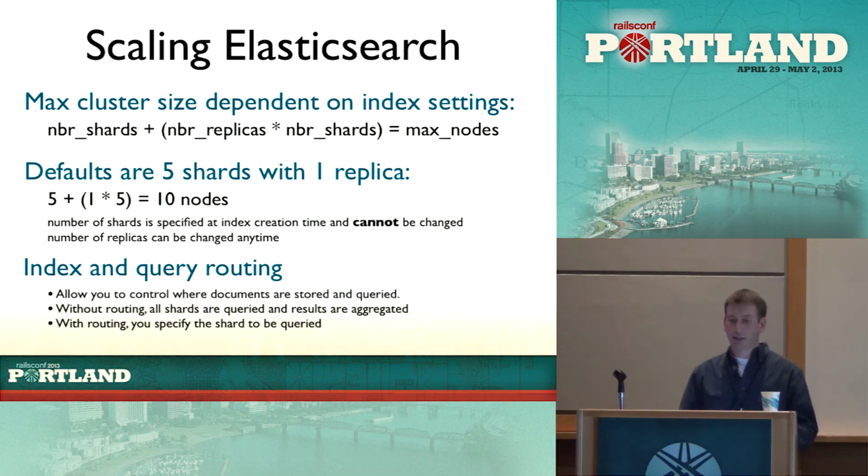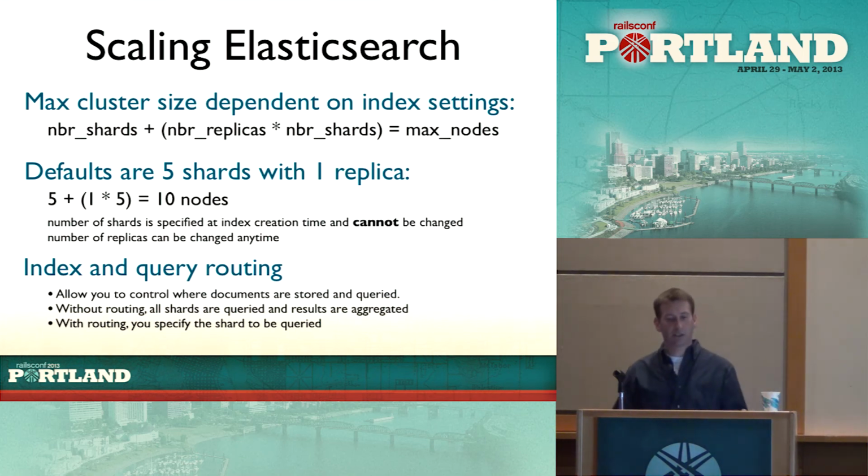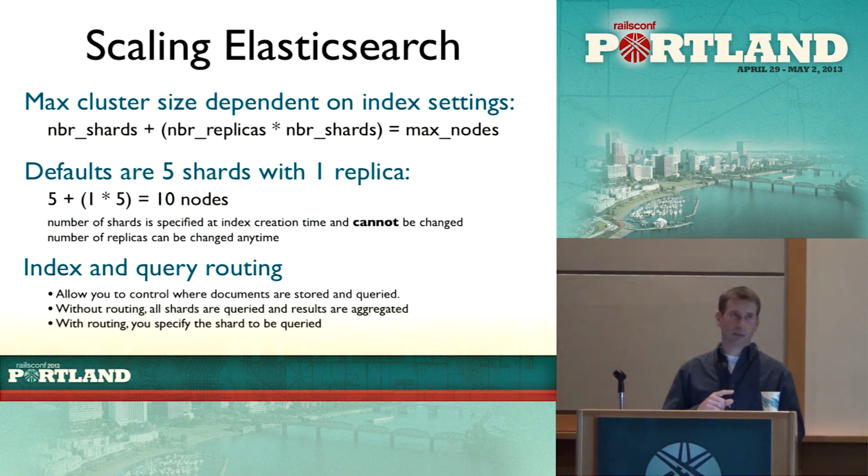So the thing to keep in mind is when you specify the primary shards, those cannot be changed. After you create the index, it allocates those, and you can't go in later and increase the number of those. So what you have to do in that case, if it turns out that you have an increasing load of documents that you need to index, you're going to have to create a new index, copy those things over into the new index, and then create an index alias to redirect to the new index that you created.